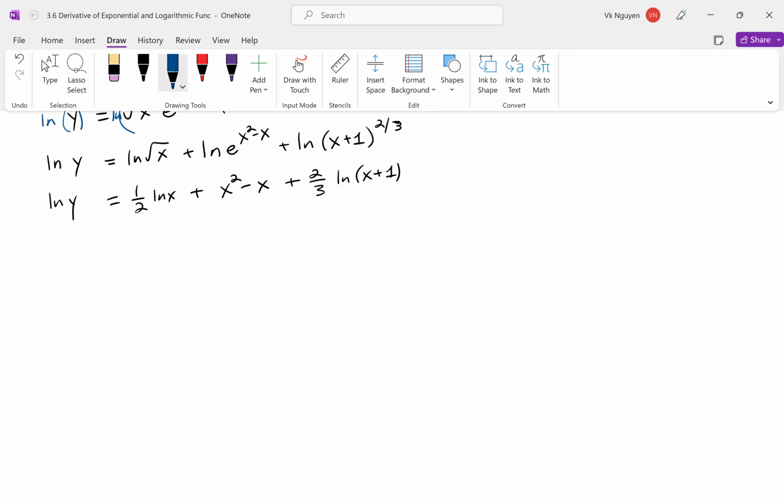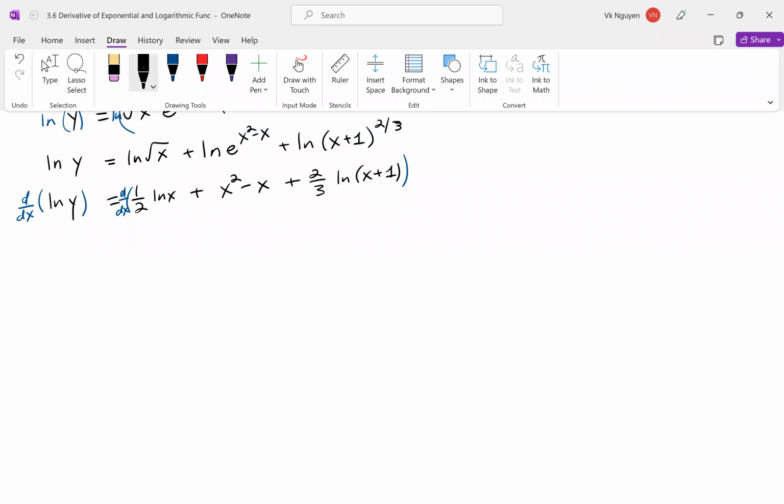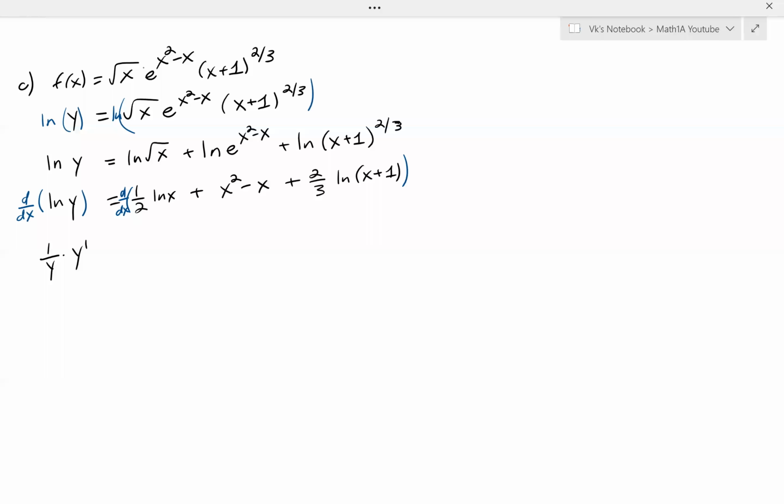And now we can take the derivative with respect to x on both sides. One over y times y prime. One over x, the derivative of ln x, and then we multiply by the 1 over 2. The derivative of x squared is 2x. The derivative of x is 1. The derivative of ln (x plus 1) is 1 over x plus 1, multiplied by the derivative of the inner function, which is the derivative of x plus 1, that's 1, and multiplied by the constant multiple, 2/3.